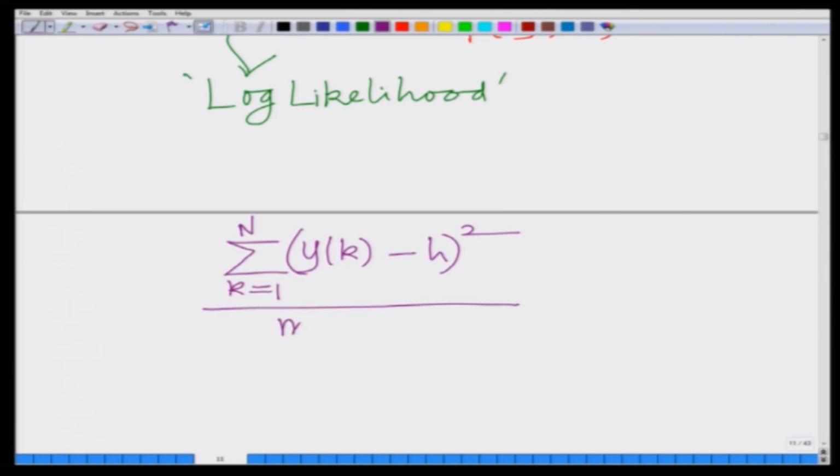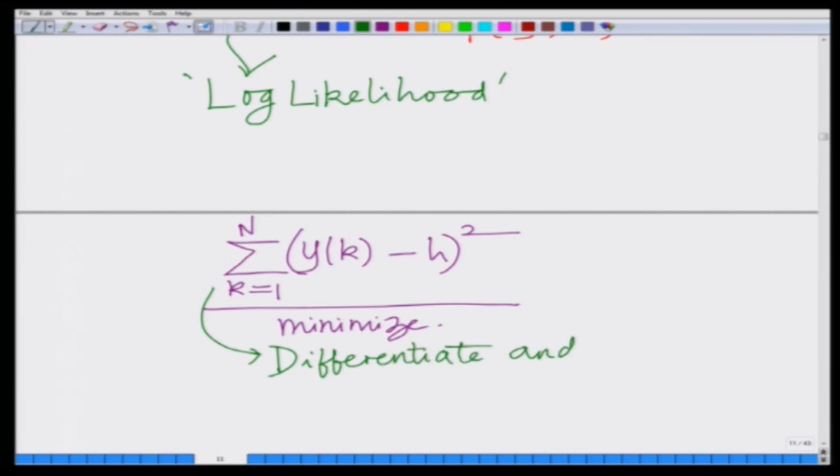To minimize this, differentiate and set equal to 0.